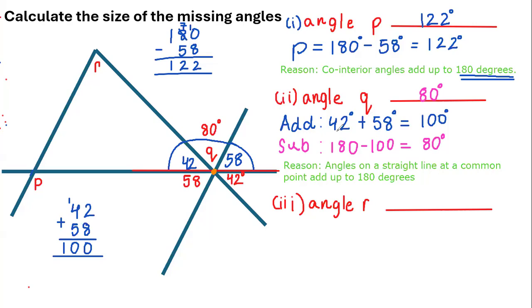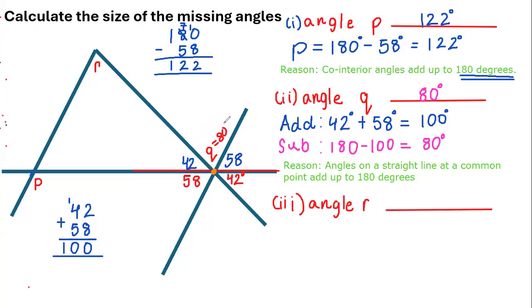Corresponding angles are equal. No, no. I wouldn't say that. Okay, so we know, right? Let me move all of this. We know that Q is 80 for sure, right?